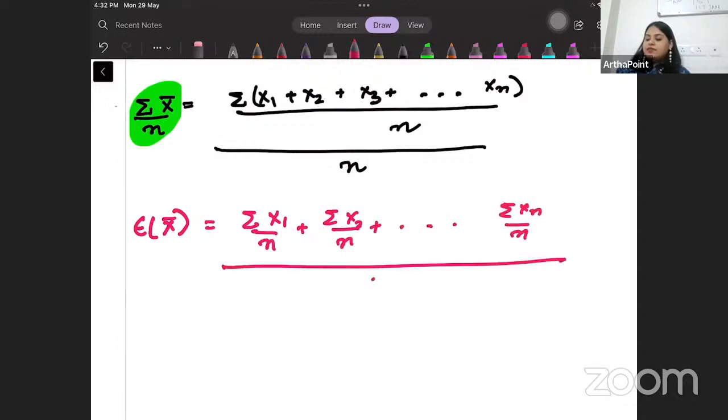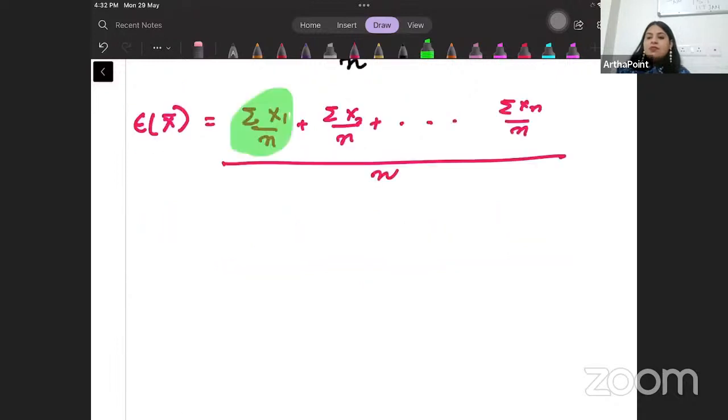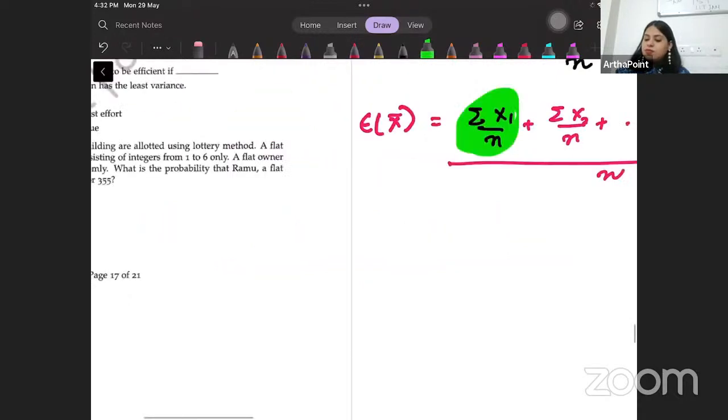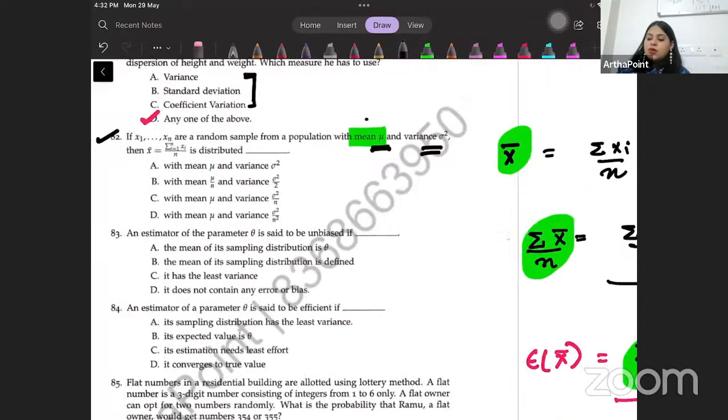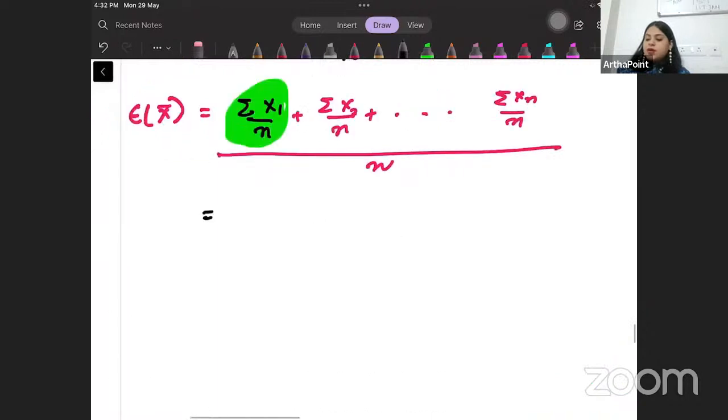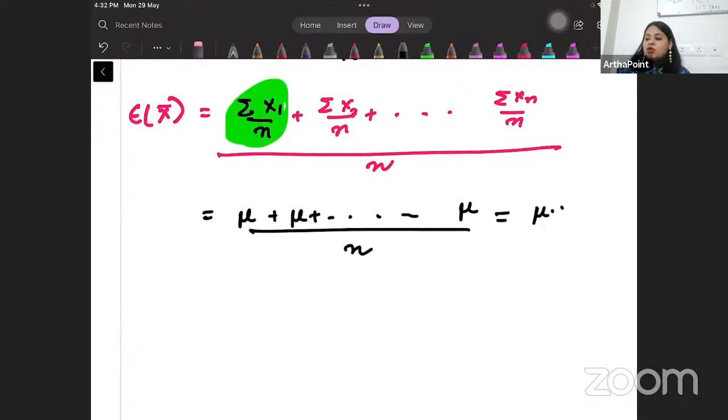But this is the mean of x1, right? And the mean of x1 is mu. Mean of x2 is also mu and so on. So this will be mu plus mu, so on till mu, by n. So mu will be added n times in the numerator. So this will be mu. So the mean of x bar will be mu.